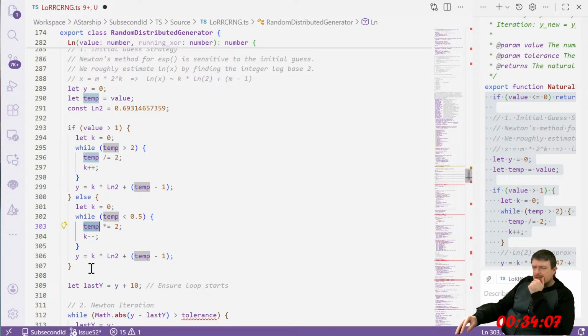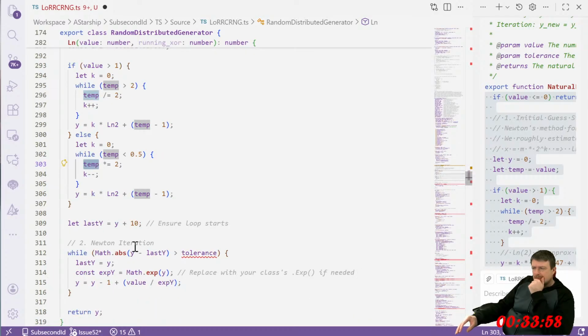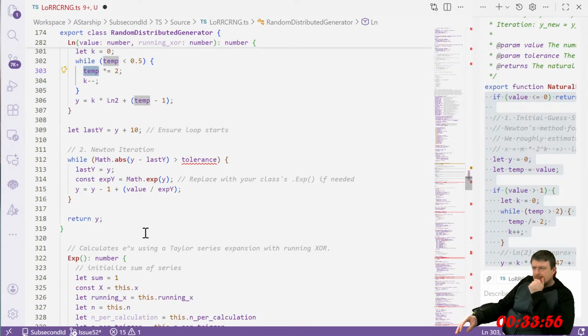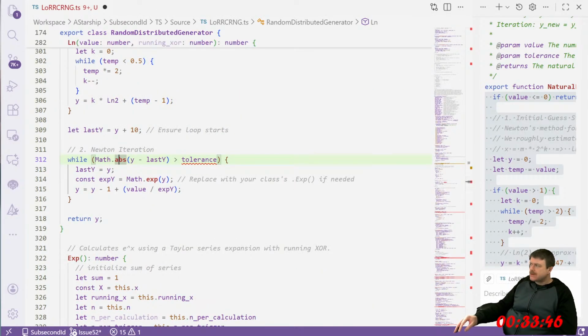What is this doing? What does math.abs do? Is there division involved in that?